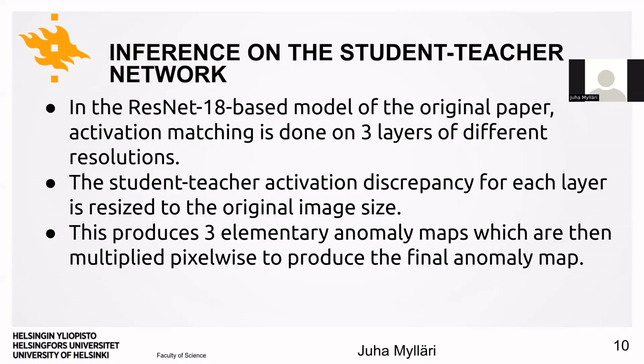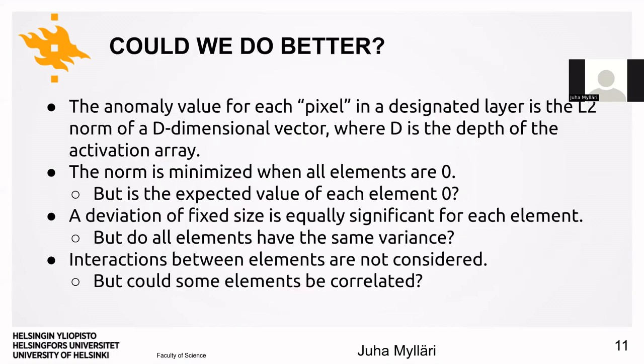And finally, we're going to take that flat or 2D array and resize it into the size of the original image. This gives us 3 elementary anomaly maps, so to speak, 1 for each designated layer. And the way we're going to aggregate those elementary anomaly maps is simply we're going to multiply them element-wise.